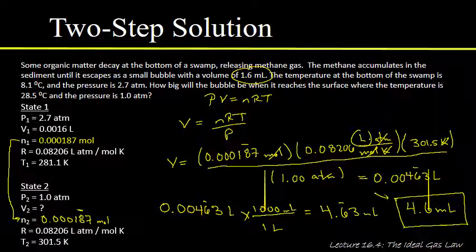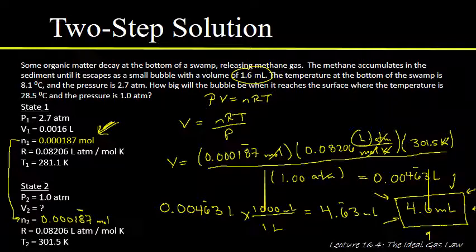All right, terrific. Now, I like that as a solution method for this, because each time we're just using the ideal gas equation, we're just solving for one missing variable, and I think it's pretty simple to do it that way. That's the way I've usually done it.